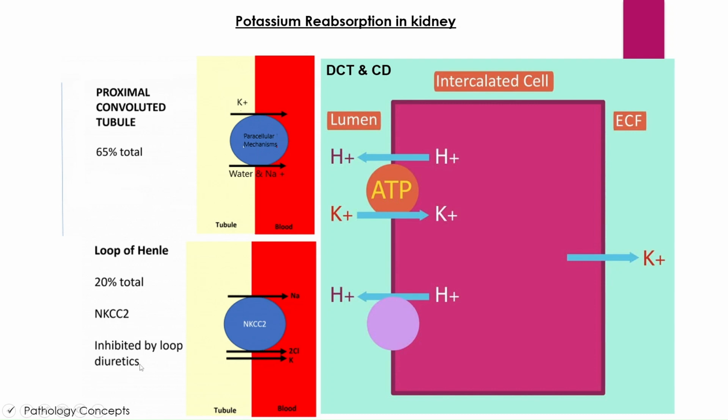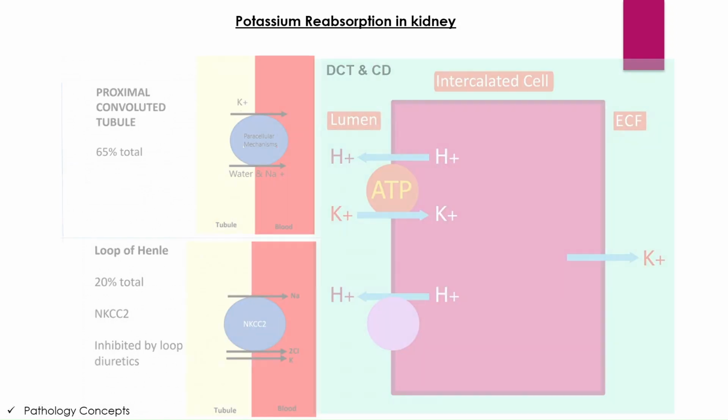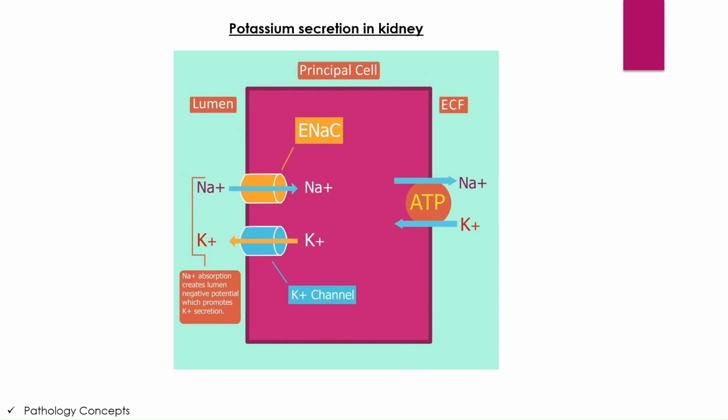This pump is inhibited by loop diuretics. In the distal collecting tubules and collecting duct, the hydrogen potassium ATPase pump is responsible for potassium reabsorption. Potassium secretion occurs mainly in the distal collecting tubule and collecting duct.